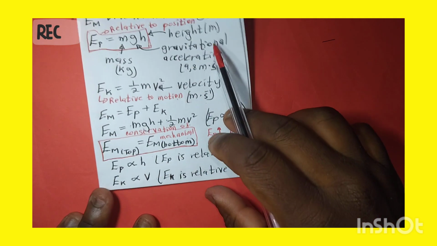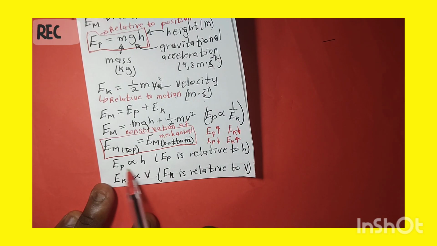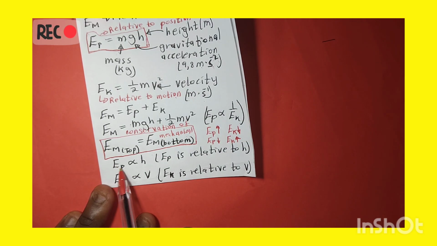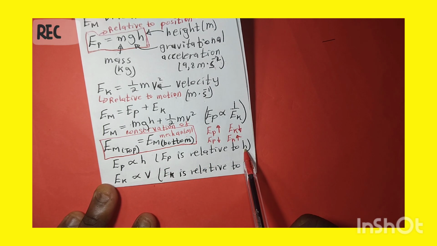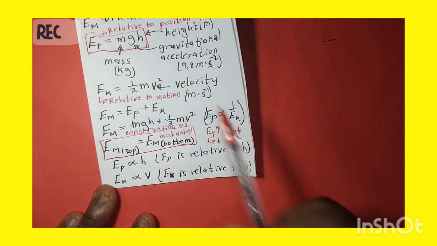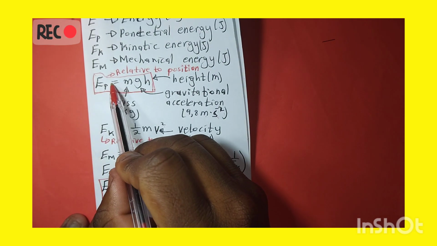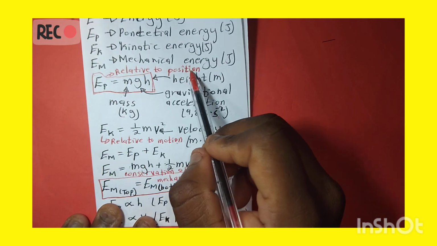Yeah, so you should also know this thing, guys. EP is directly proportional to h. It means that EP, guys, is also relative to what? To a height there. Remember, I told you that EP is relative to what? Position.